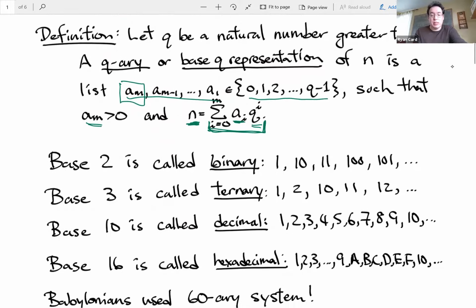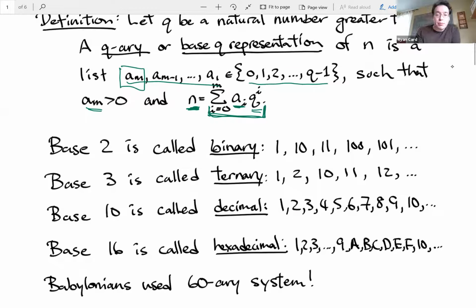So let's look at some examples. Base 2 only uses the digits 1s and 0s. So 1 means 1, 1, 0 means 2, 1, 1 means 3, 1, 0, 0 means 4, and 1, 0, 1 means 5, and so on.